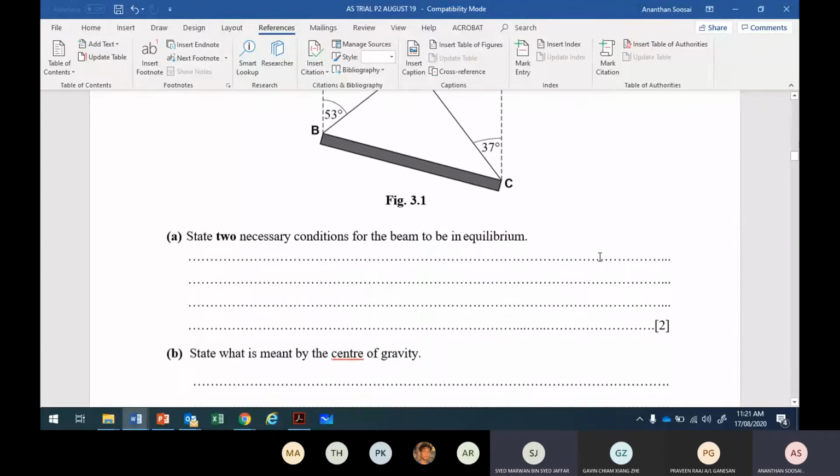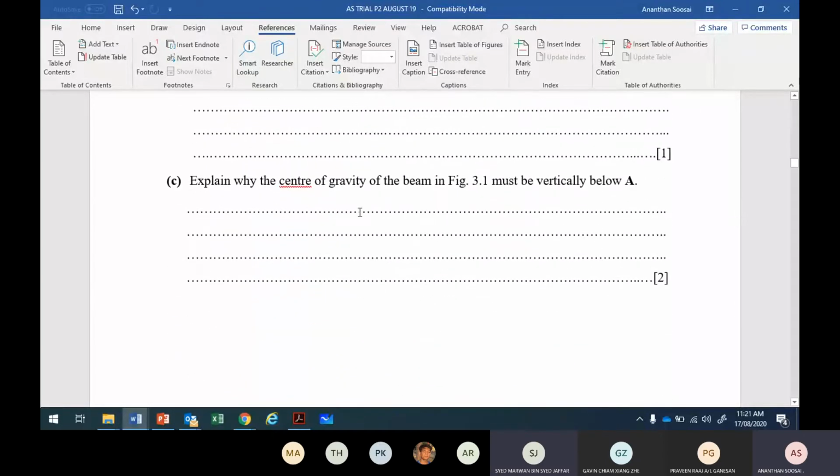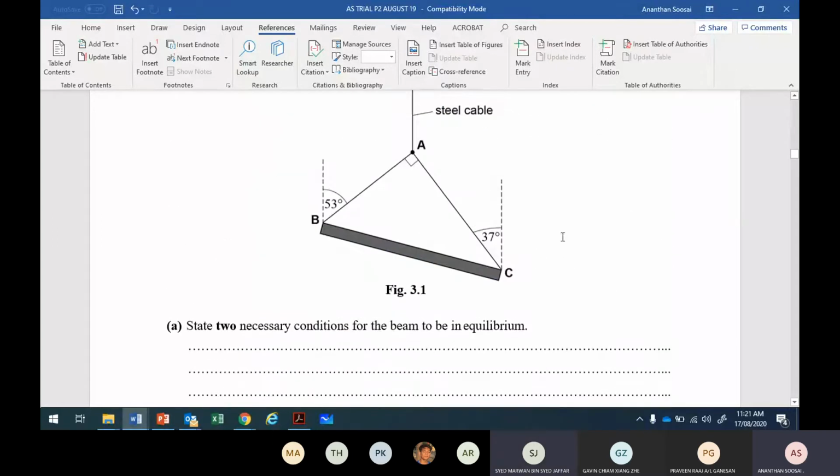Part C: explain why the centre of gravity of the beam must be vertically below A. Why must the centre of gravity be vertically below A? You see, what are the forces acting on this bar? You have tension acting here, another tension acting here, and you have weight acting.